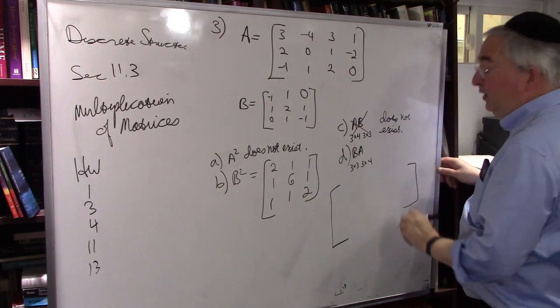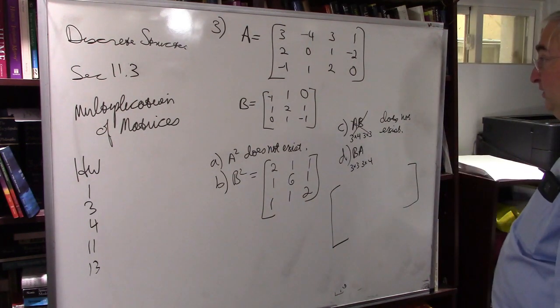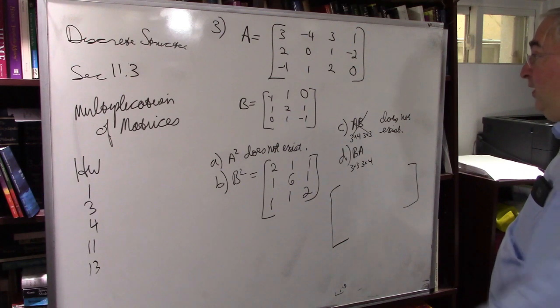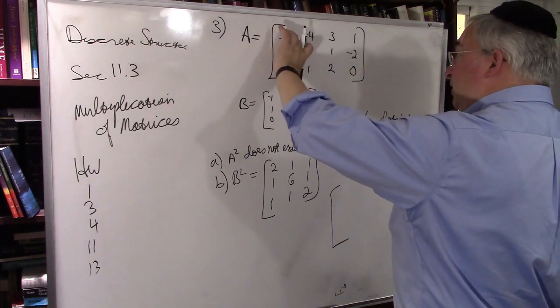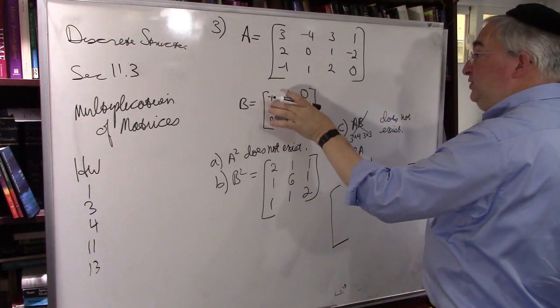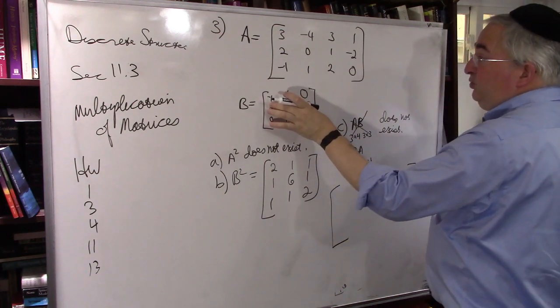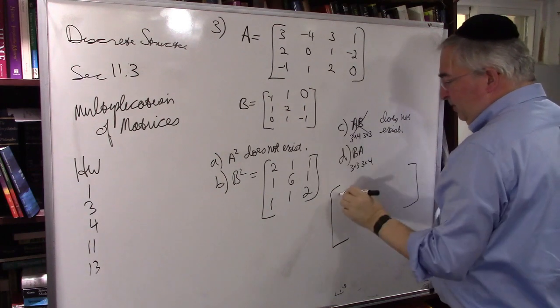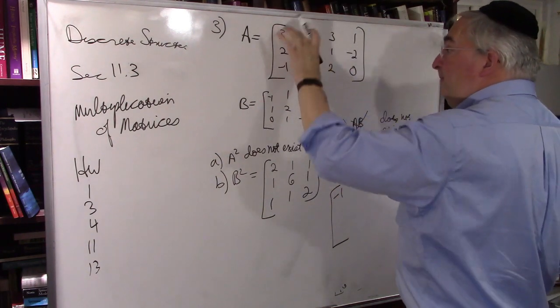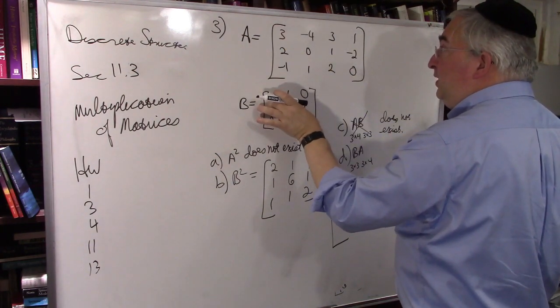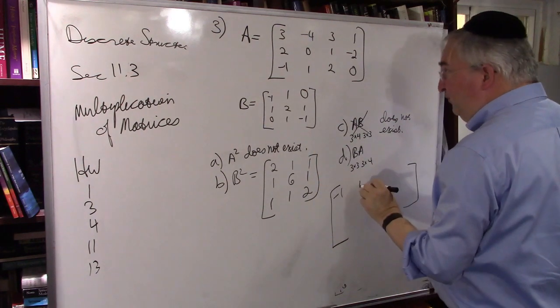That's a lot of work. Okay, let's do it. Minus 3 plus 2 is minus 1. 4 plus 4.